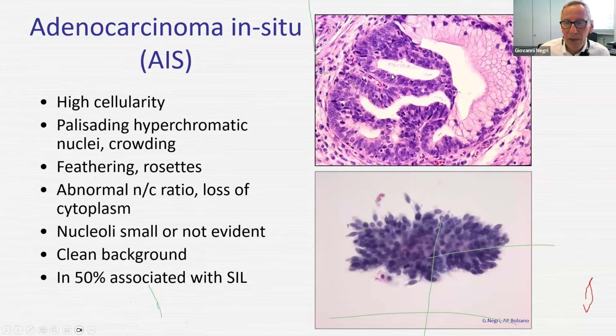If you take some of these cells, you are going to have the same picture in cytology. So crowded groups, same as in normal non-neoplastic endocervix, not many isolated cells, mostly sheets of cells, very crowded.